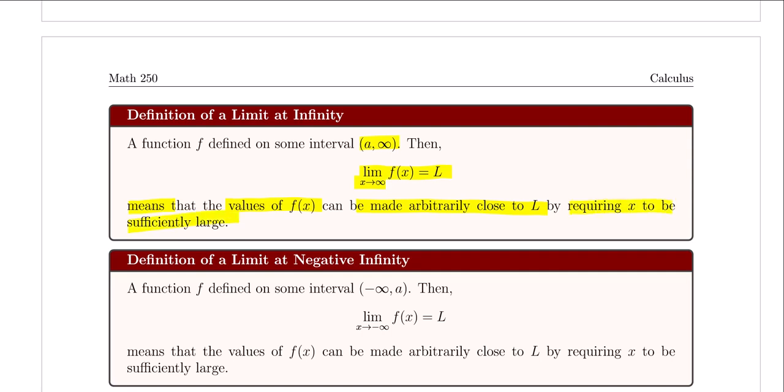Now, the definition for a limit at negative infinity is very similar. Let's say that we have a function defined on some open interval from negative infinity to a. Then the limit as x approaches negative infinity for f of x is equal to L. This means that the values for f of x can be made arbitrarily close to L by having the x be sufficiently large, but now in the negative direction.